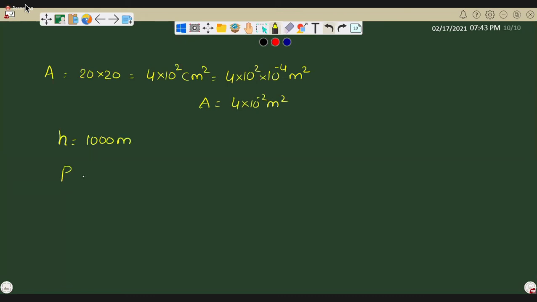So first calculate your pressure at that point: P atmospheric plus rho g h is 10 power 5 pascals plus density 1000 into g, 10 meter per second square, into 1000 meters. The density is 1030.